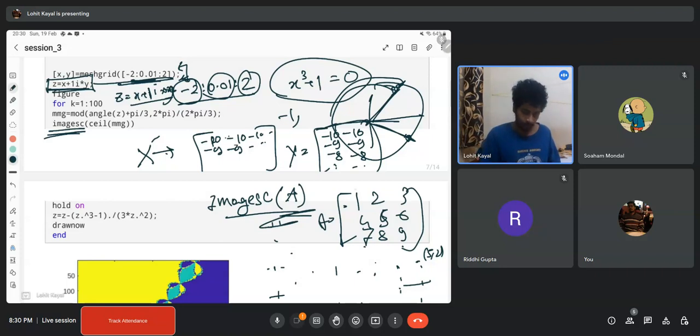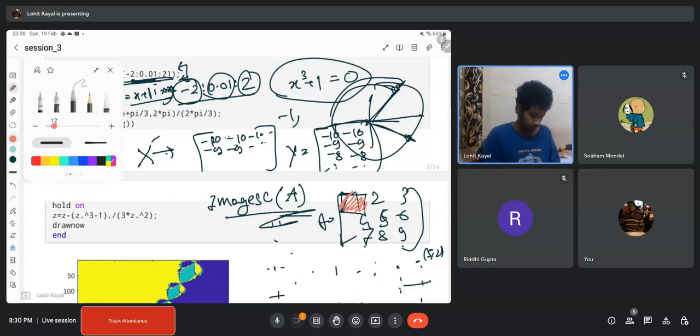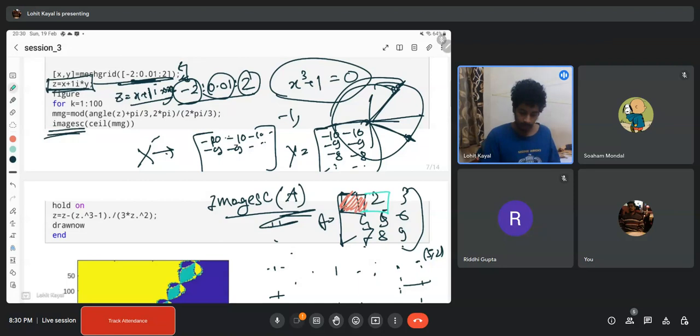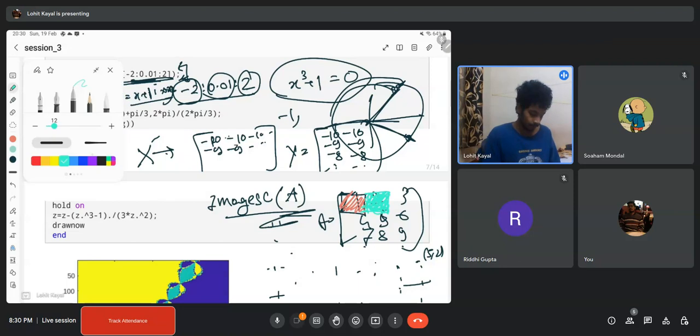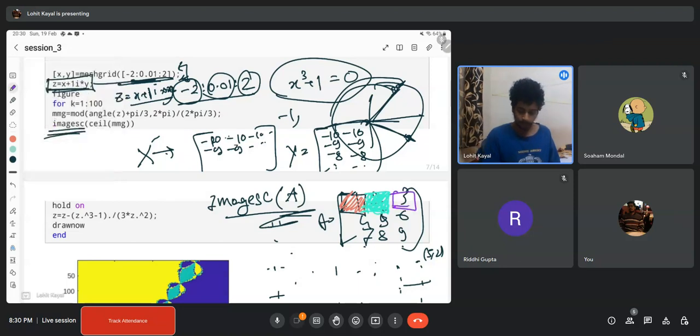Suppose for one it will define blue, or this orange color. For two, it will define this greenish blue color. For three, it will define this purple color. So based on the value in each cell, it will define a color. This is what imagesc does.